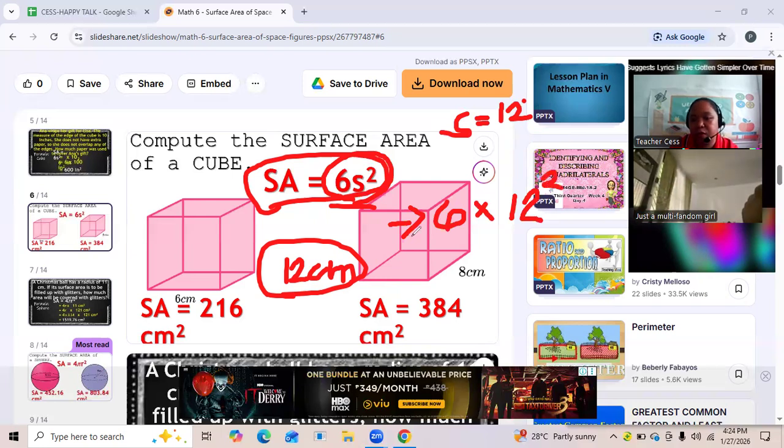So what will be your surface area if that is the value of your cube? 6 times 12 squared is what? What is 12 squared po ba? Yuna, what is 12 squared?